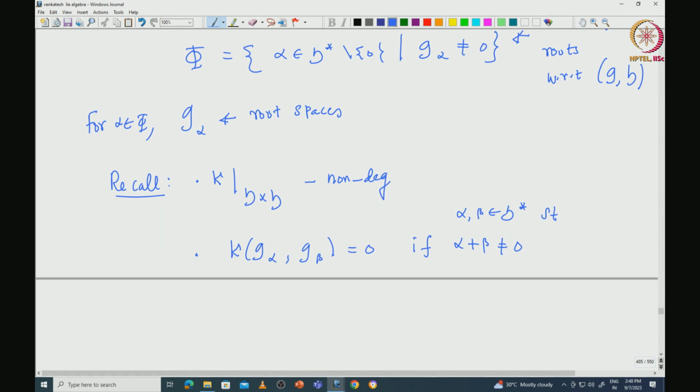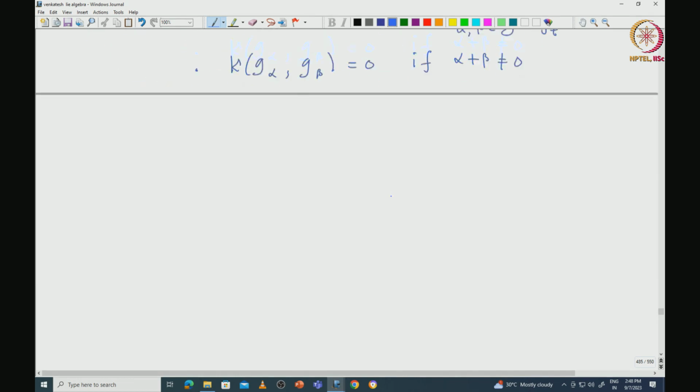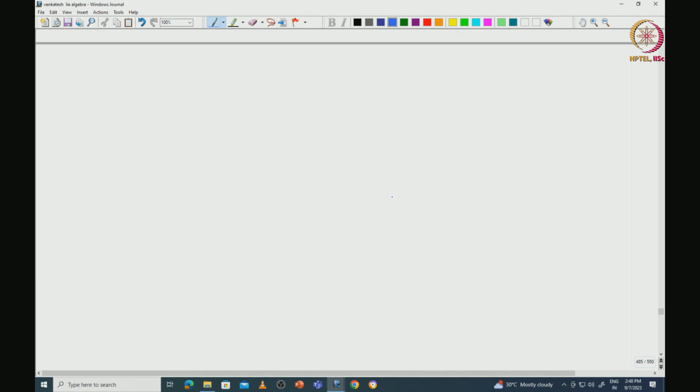These things we have already proved. Let us use them and derive some properties of this set of roots. What we want to do now is prove various properties of these roots. Let us fix the notation phi as above, the set of roots.